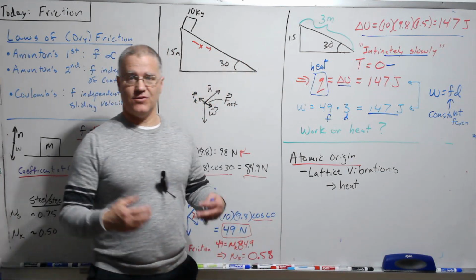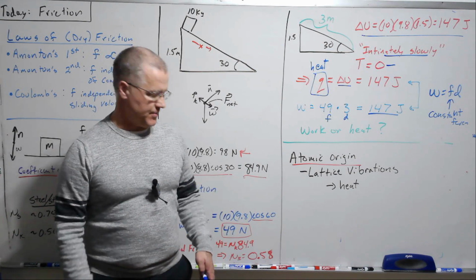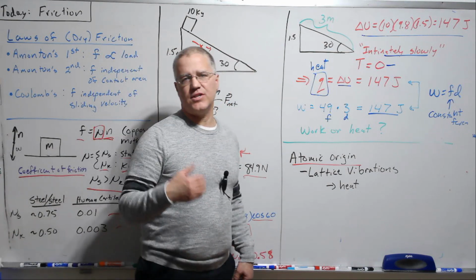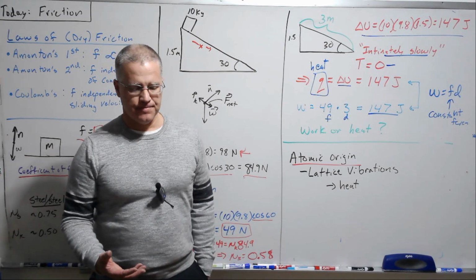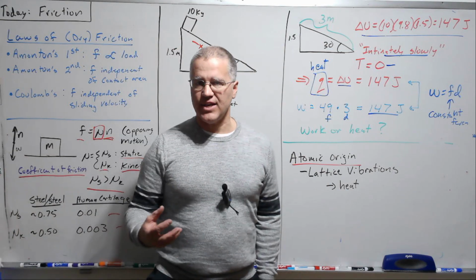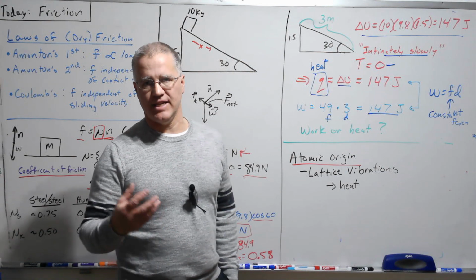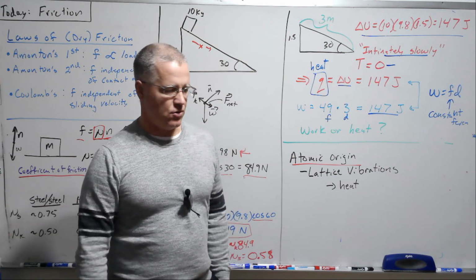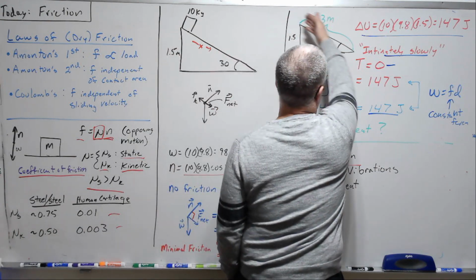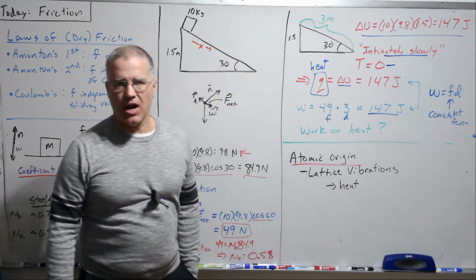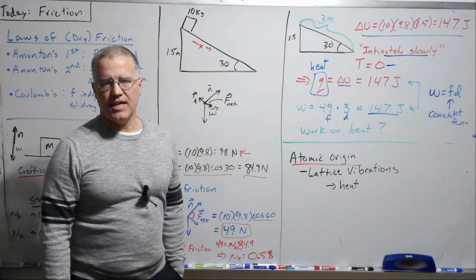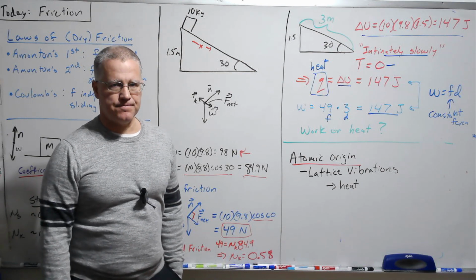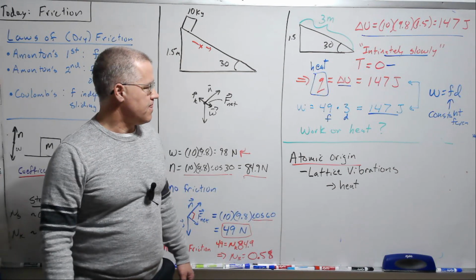Okay, so is this work or is this heat? Well, it kind of depends on your perspective and what you're really talking about. If we are talking about where that energy goes and in what form it is, then it's heat. The box slid down, it's at the bottom now, it has less energy than it had before, and that energy went into heating up the ramp and the environment and the air and so on.